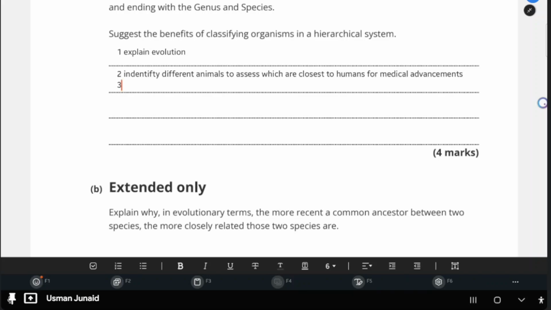And it can, by the same reason, help combat diseases.